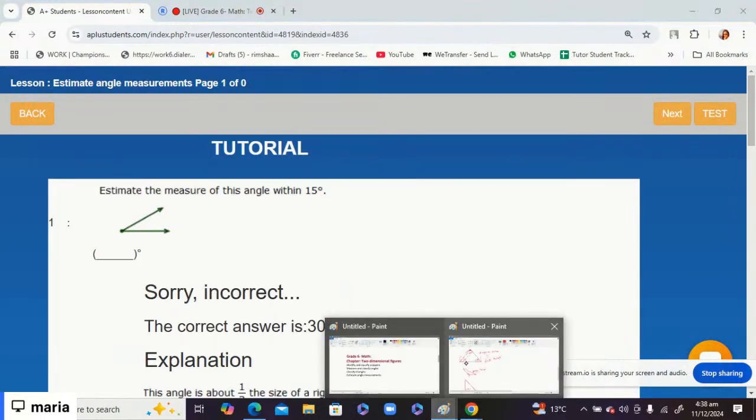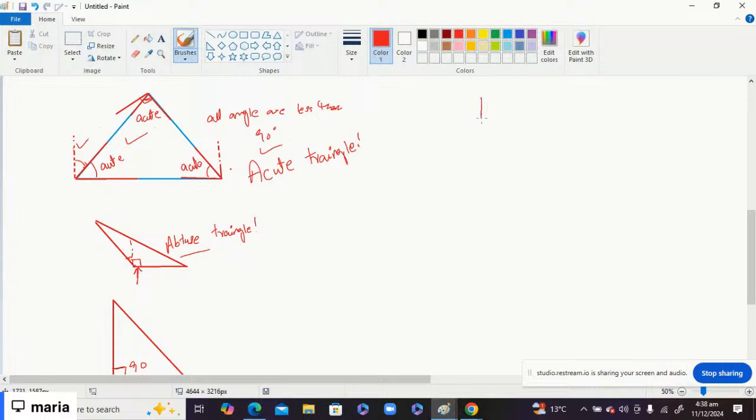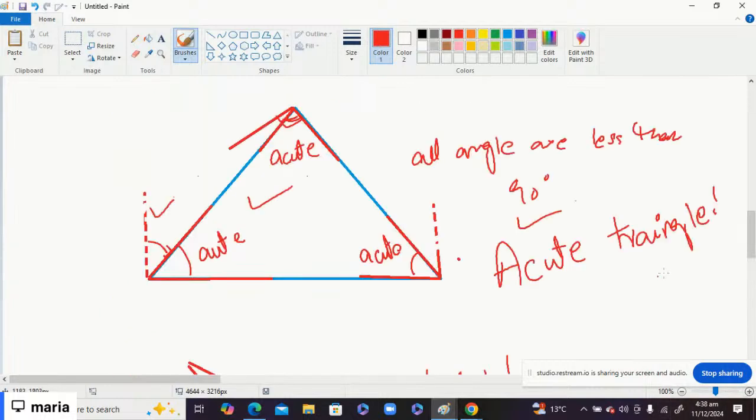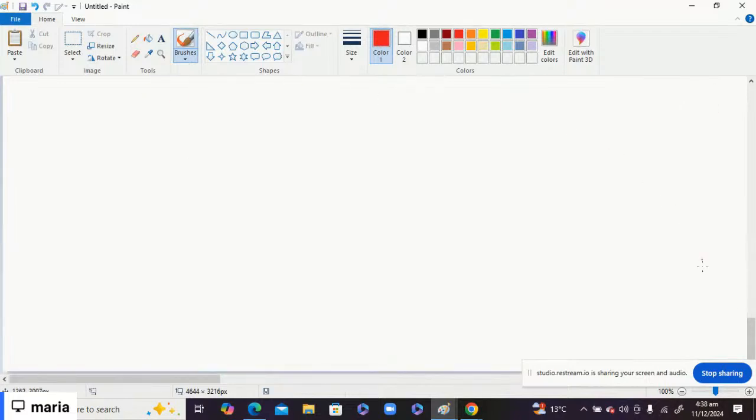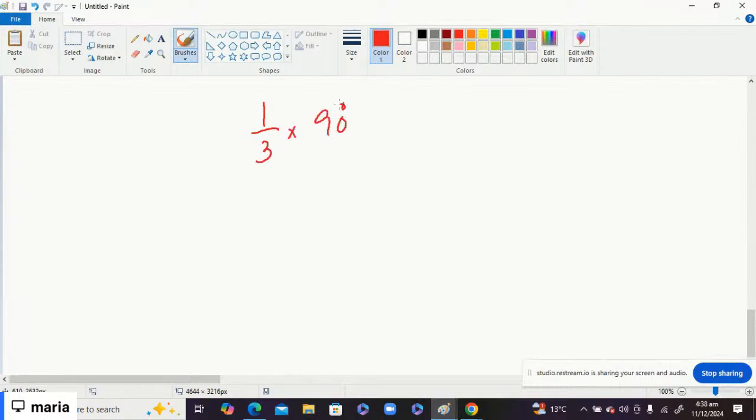So how can we find it out? You are going to find 1 by third and multiply with the full. 1 by third of which thing? 1 by third of 90, because look, this full one is the 90 degree, and if the angle is like here, it's less than 90, so we involve 90 here.